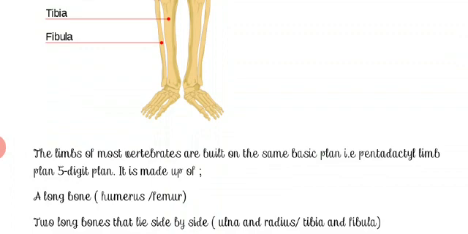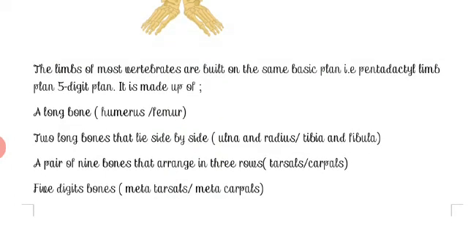Generally speaking, the limbs of most vertebrates are built on the same basic plan, that is pentadactyl limb, meaning 5-digit plan. Now, the 5-digit plan comprises, you have humerus in the case of forelimb, and you have femur in the case of hind limb.